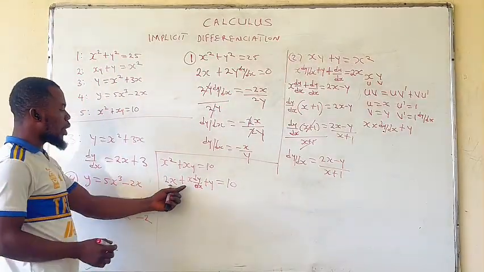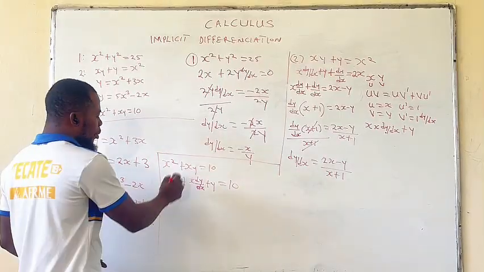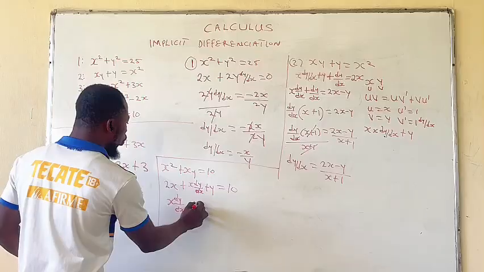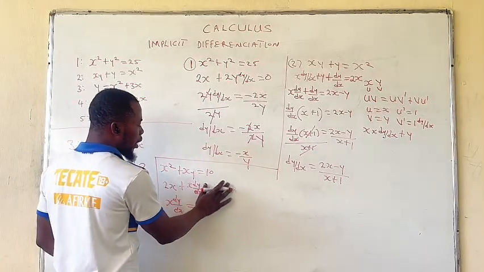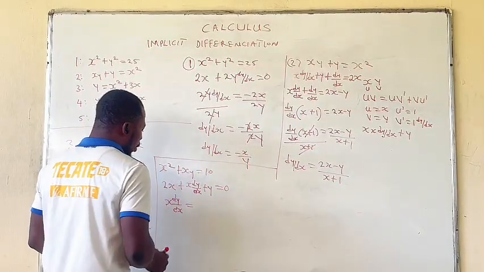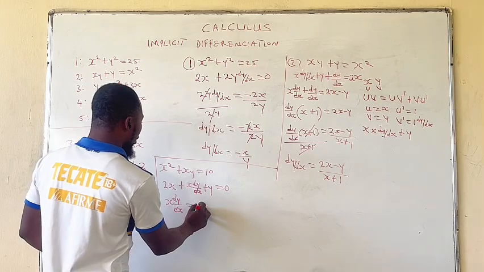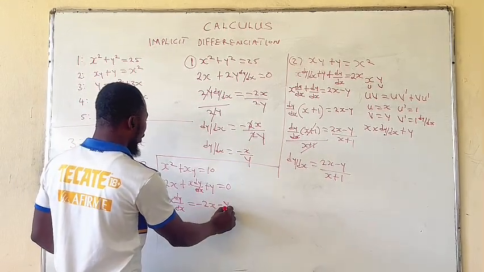So from here, we'll make dy/dx the subject of the formula. Sorry, anywhere you differentiate 10, or anywhere you differentiate any constant number, you'll have 0. So our x dy/dx will now be equal to minus 2x, if you move this one here, minus y.